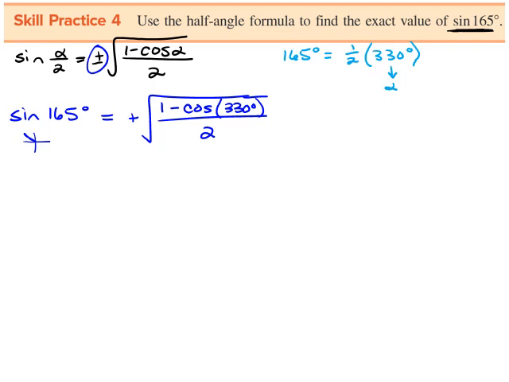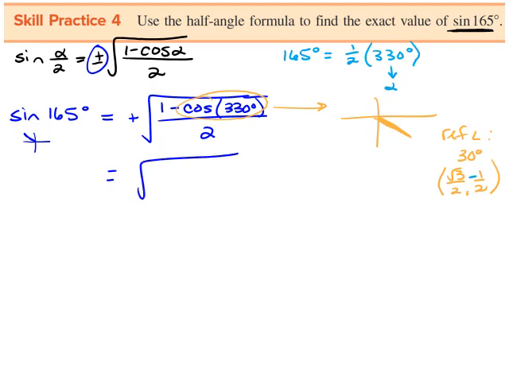So we need to evaluate cosine of 330 degrees. 330 degrees is in this quadrant here. It's not quite 360 degrees, which means my reference angle is 30 degrees, or pi over 6. This is my corresponding ordered pair, and in quadrant 4, the y value is negative. So when I evaluate this, cosine of 330 degrees is the square root of 3 over 2.